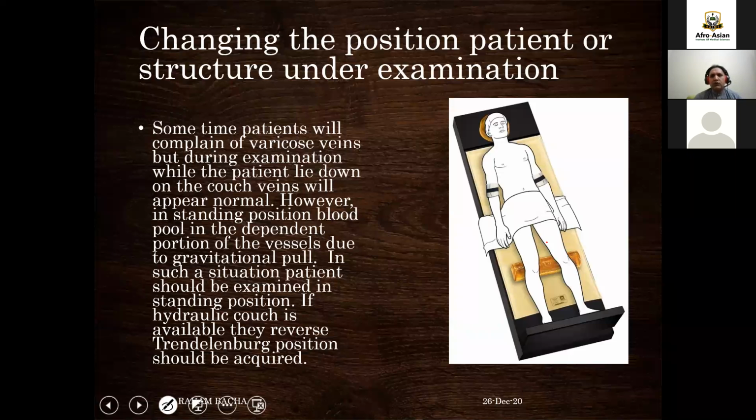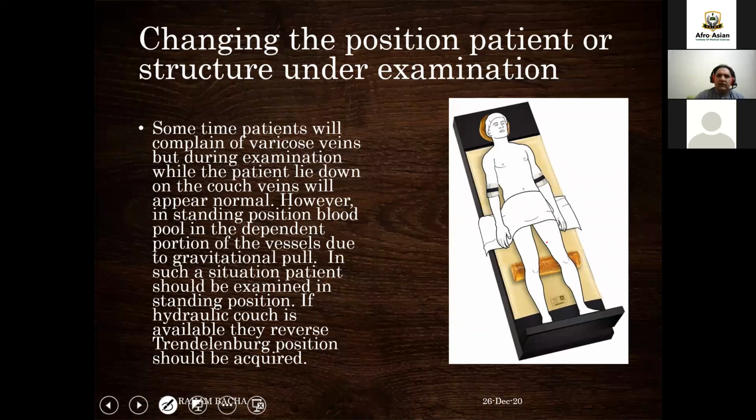But whenever you lie the patient down on the examination table, the blood is not pooling at the distal part of the body. So if you have the availability of a hydraulic couch, then you can use the reverse Trendelenburg position. And if that is not available, then you can evaluate the patient in the standing position as well, for the evaluation of chronic venous insufficiency in the acute stage, because that will be difficult to evaluate in the lying down position.